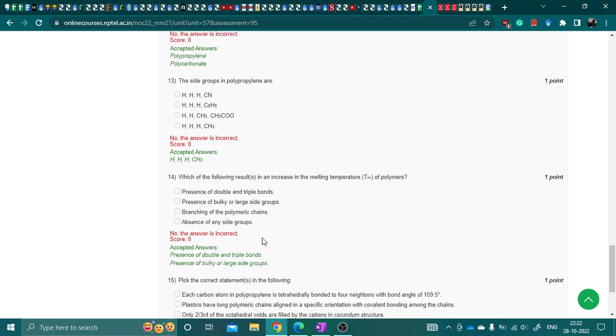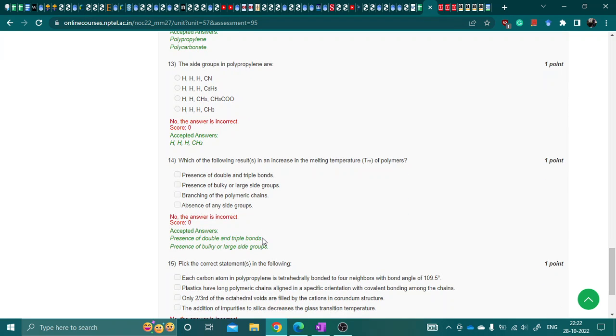The 14th question: which of the following results in an increase in the melting temperature of polymers? The answer is presence of double and triple bonds. Why so? Because double and triple bonds enhance the bond energy, and as a result it will require more energy to dissociate the bonds, and that is why the melting temperature of that compound increases.